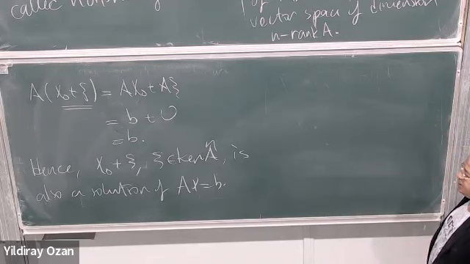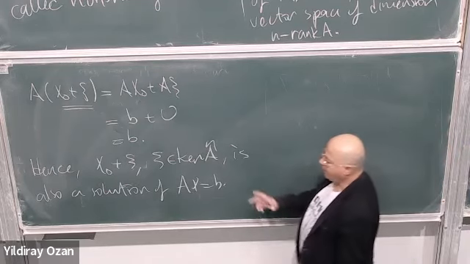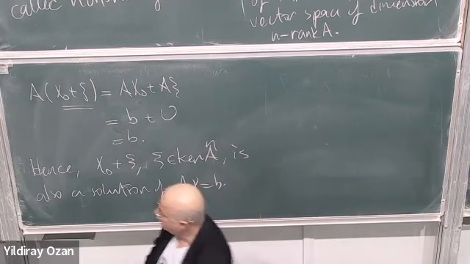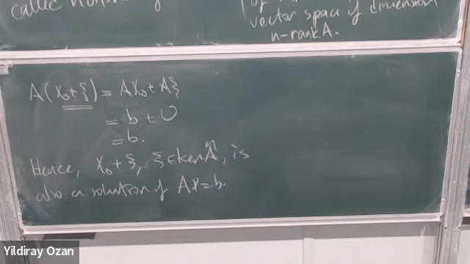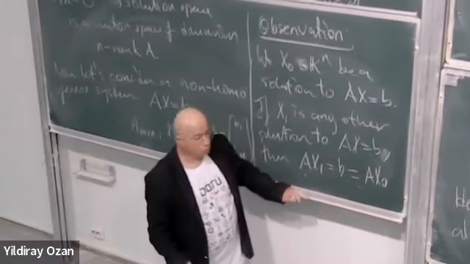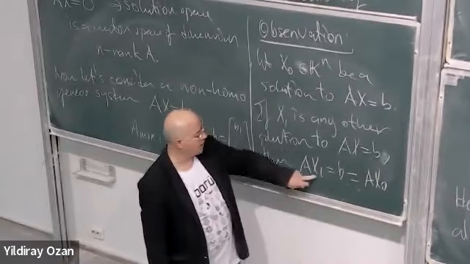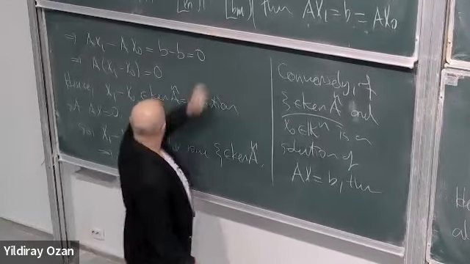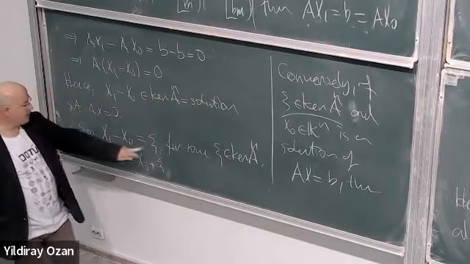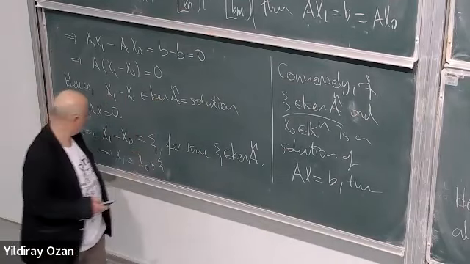So what we have seen is the following. If we have two solutions of the same non-homogeneous equation Ax equals b, which are x1 and x2, then their difference is an element of the kernel.